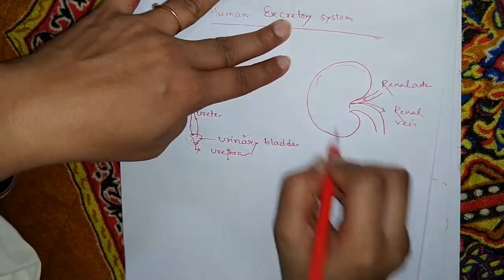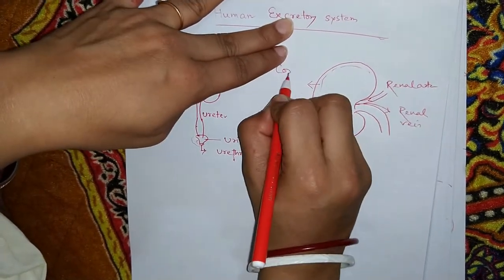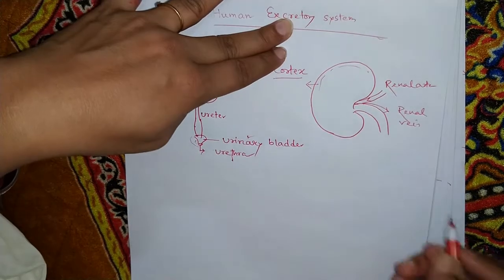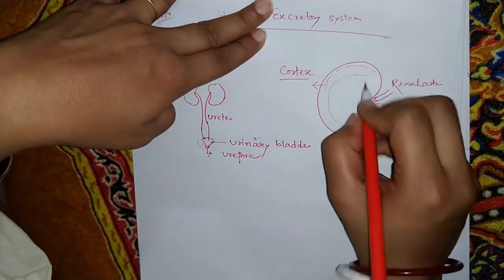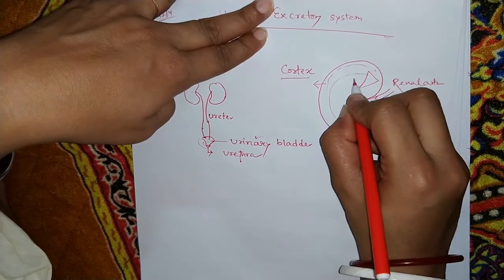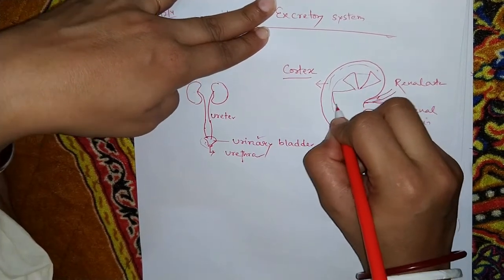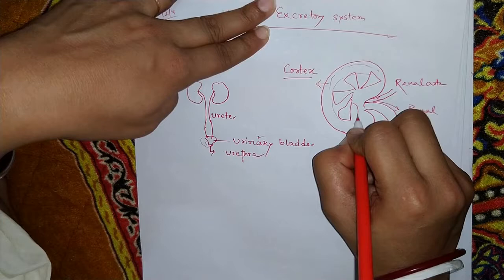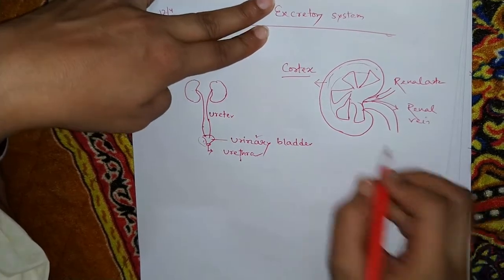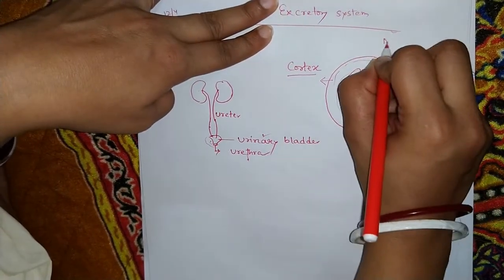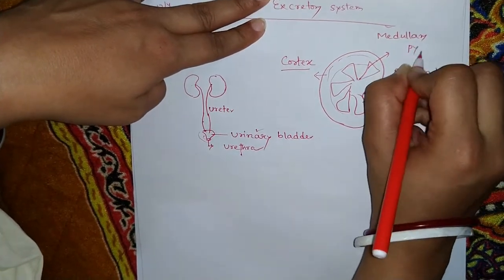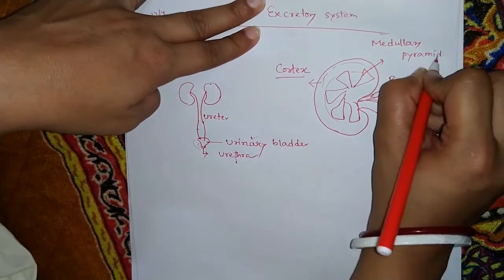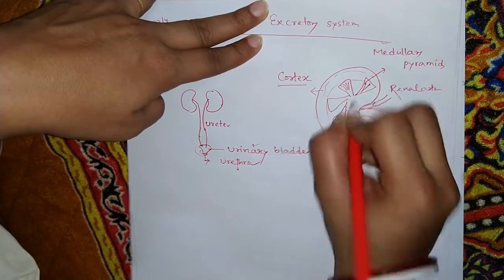This entire part is named the cortex. The inside part is the medulla, where we have these structures known as the medullary pyramids. It is made up of some tufts.